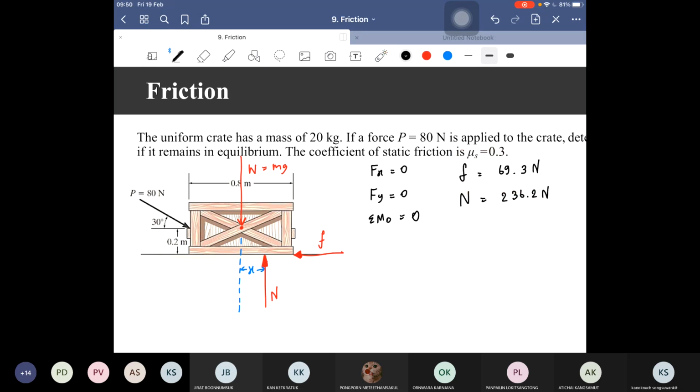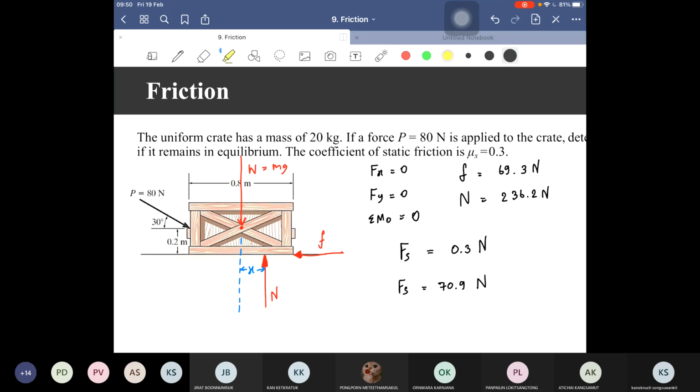In the state of moving, the friction force Fs must be greater or equal to 0.3 N. Okay, N is the same, so we can just substitute this N into this equation. In this case, I can calculate Fs max equal to 70.9 Newton.